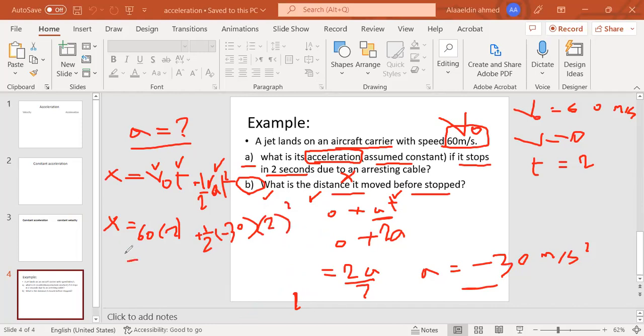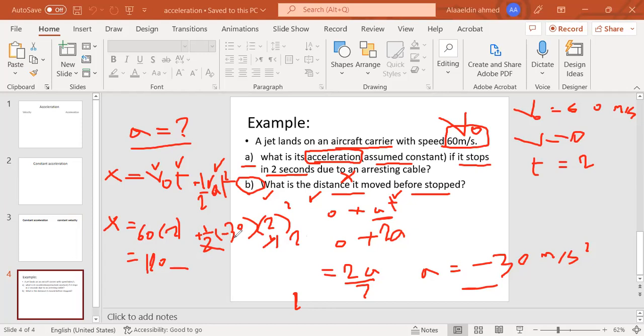So it equals 60 times 2, 120, plus 1/2 times minus 30 times 2 squared, which is 4. 1/2 times 4 divided by 2 equals 2.